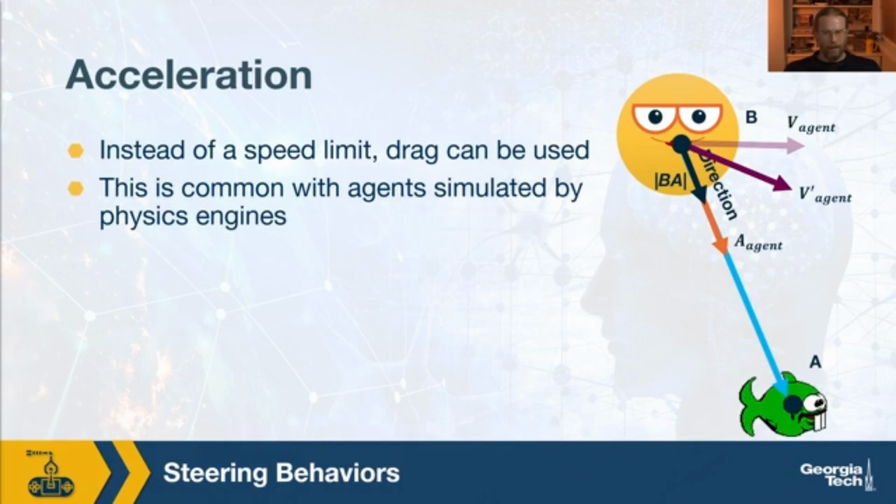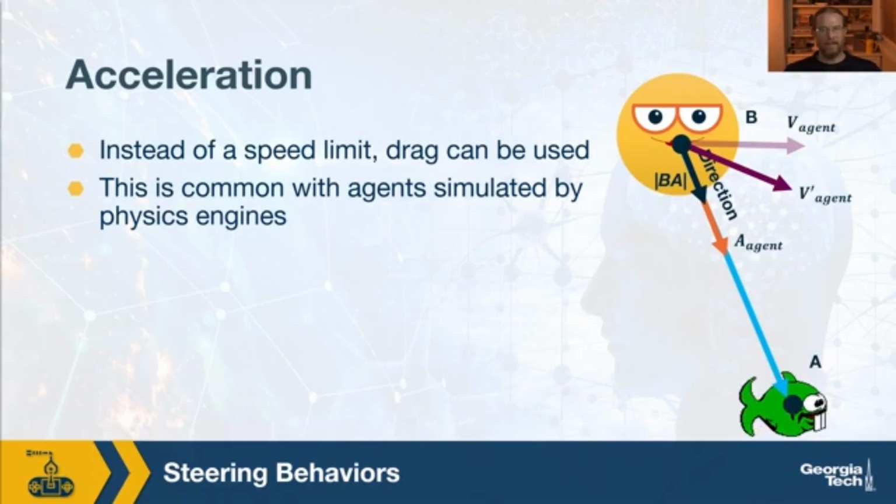Now, as an alternative, some games have advanced physics simulation. This is a topic we cover in the video game design class. And with physics simulation, we might instead implement a drag. The drag is applied to an object that is translating, and that would mean acceleration goes slower and slower up to the point that it's balanced with the drag, and the end result is you reach the top speed.